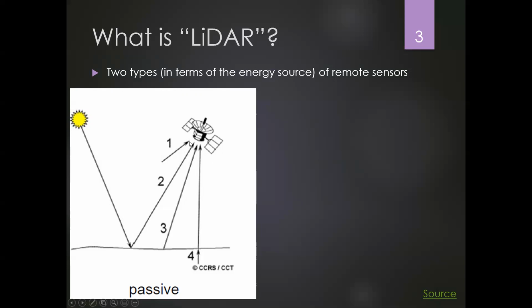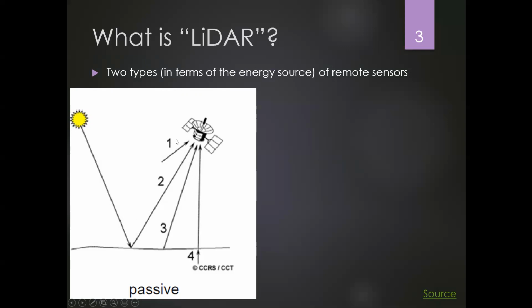Then when this electromagnetic energy, which contains surface information, is collected by remote sensors, we can use the images taken by the sensors to do analysis and to retrieve information about the ground, about the surface of the Earth. That's generally the process of passive remote sensing.